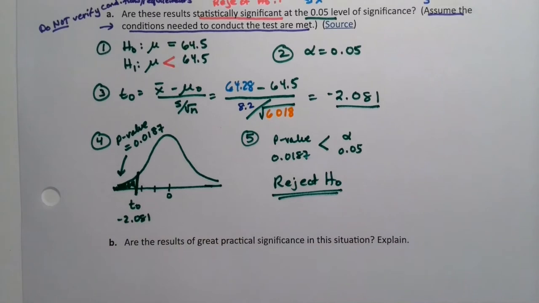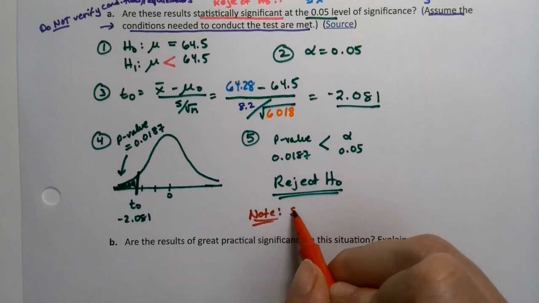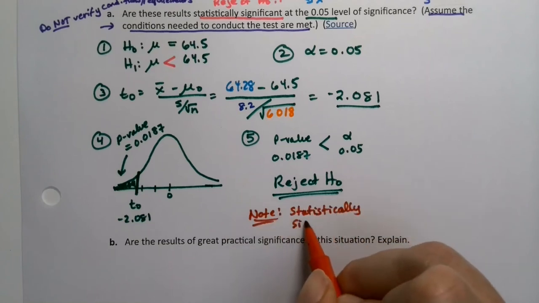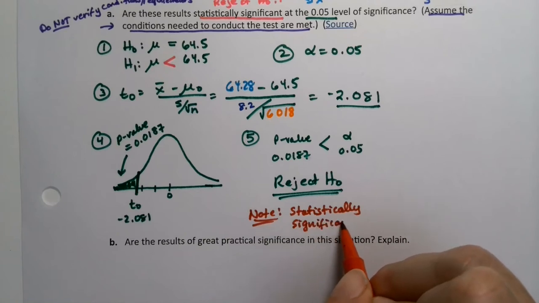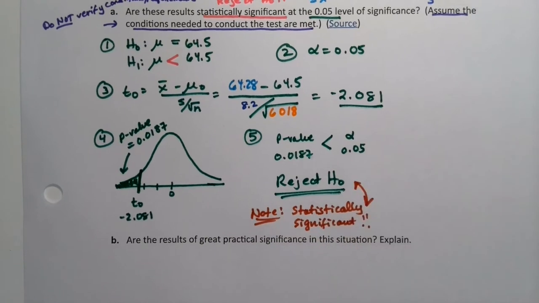I'll make a little note. Right? That's what we just proved, right? Rejecting H naught means statistically significant and vice versa.